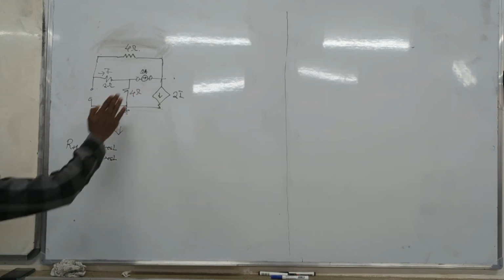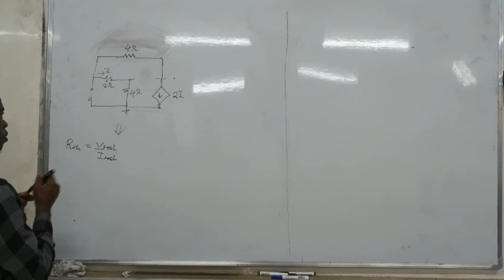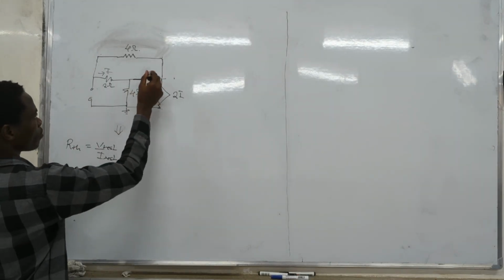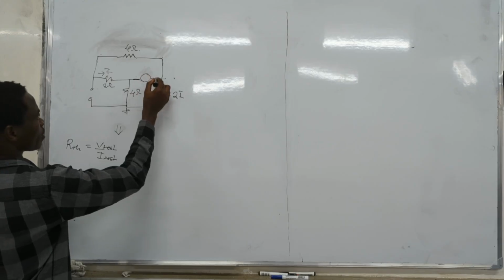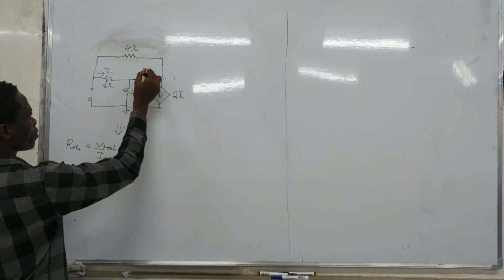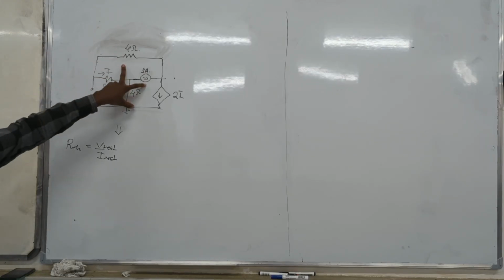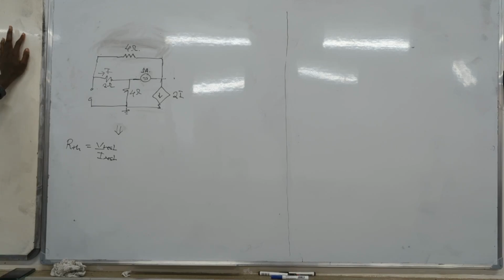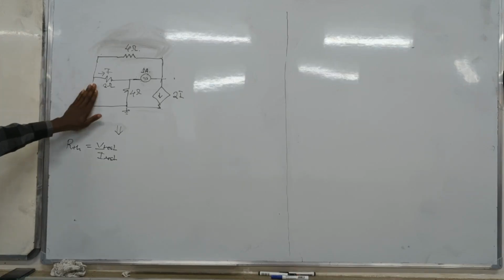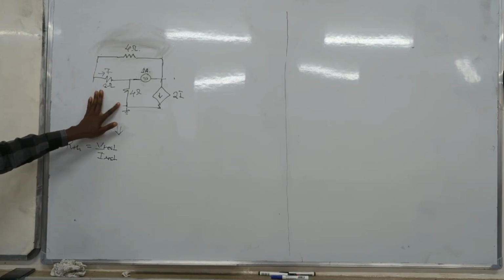These are our terminals of interest. So since there is a dependent source, we've set our current. We've used the current of 1 amp. Mesh analysis. Yes, we can do that. Any simpler method? This part is not there. It's open.